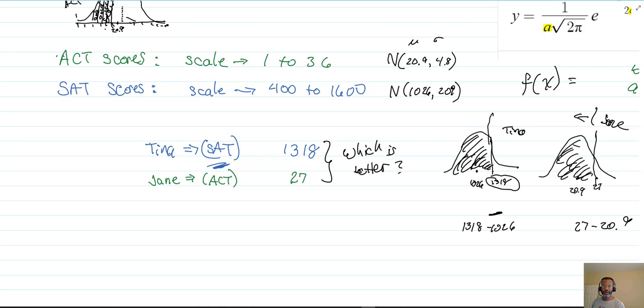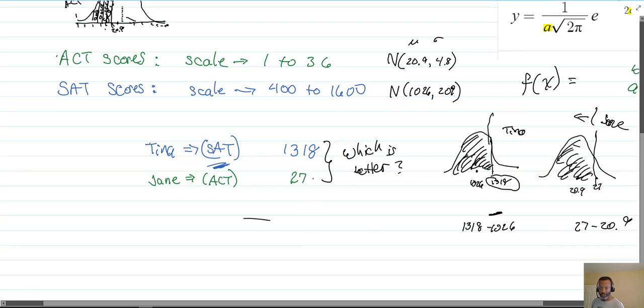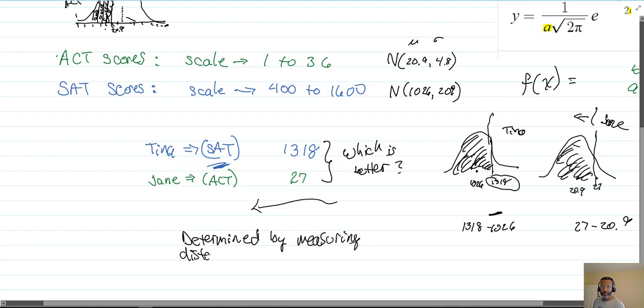So which is better is going to be determined partially by measuring the distance above or below the mean. So distance above or below, I'll just say distance from the mean.